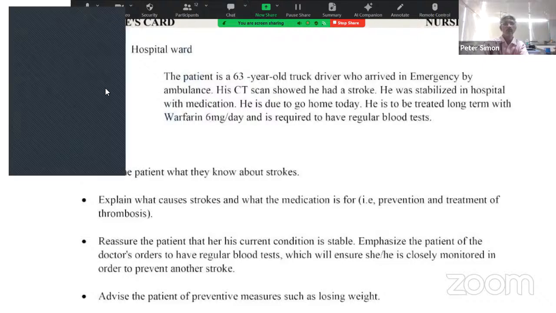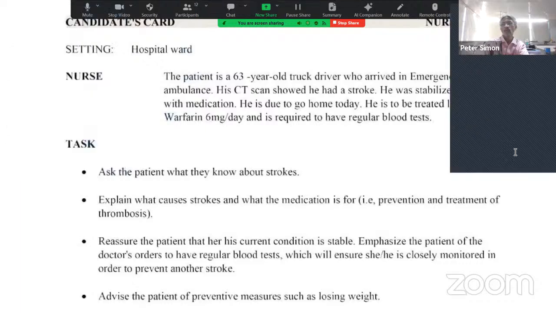So good afternoon, Mr. Jackson. My name is, we'll take a fictional name. This is what she has given, sample.